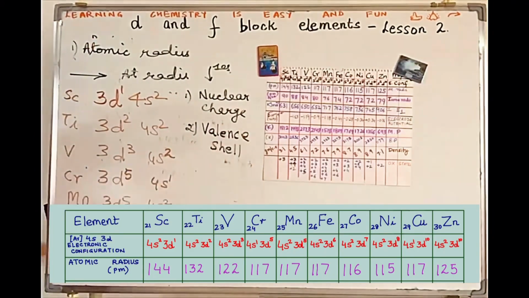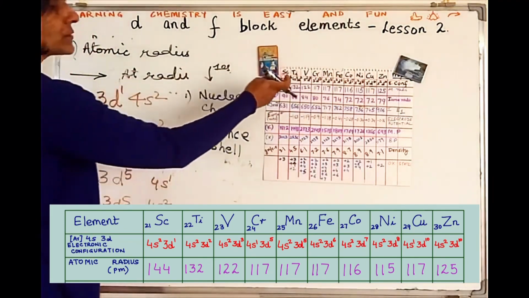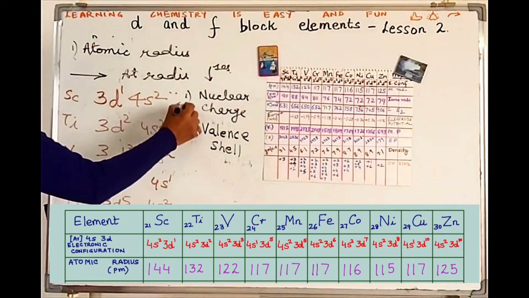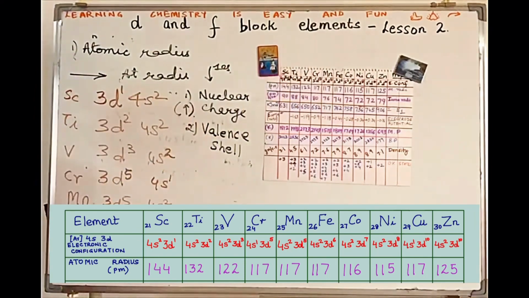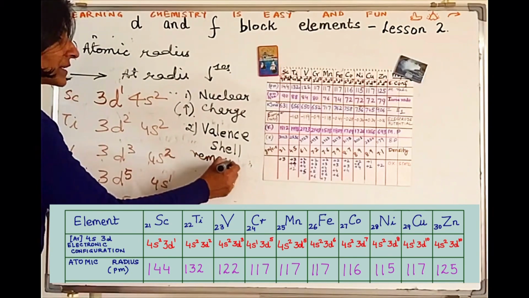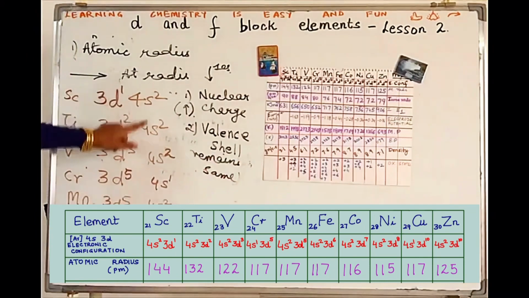In the case of these elements, nuclear charge is increasing by one at a time. So we start with 21, 22, 23 and so on. So nuclear charge we know is increasing. What about the valence shell? The valence shell is remaining the same. The valence shell in each of these cases is the fourth one.